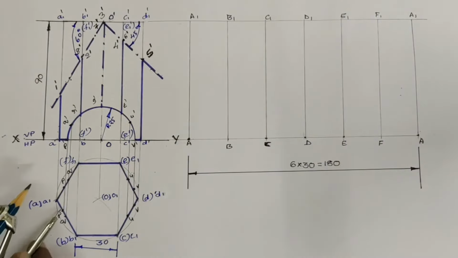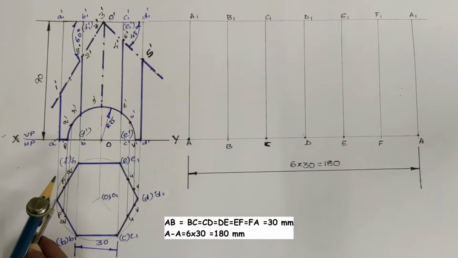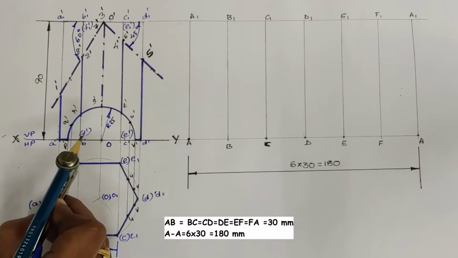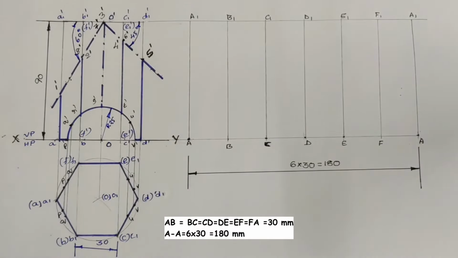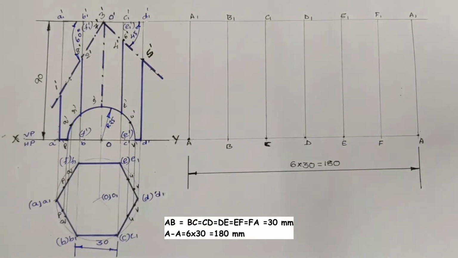Here P and Q are the points on the AB bottom base edge and the A1 F1 top base edge. So transfer these points from the top view to the development base edges.